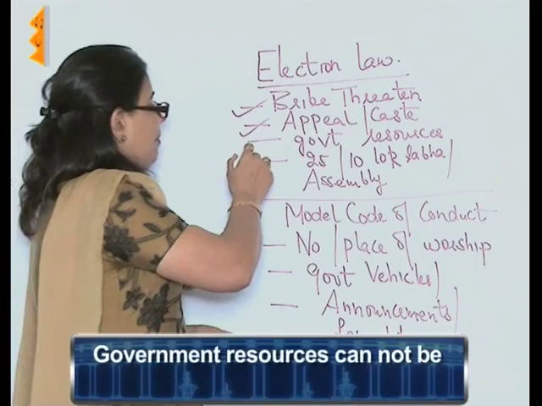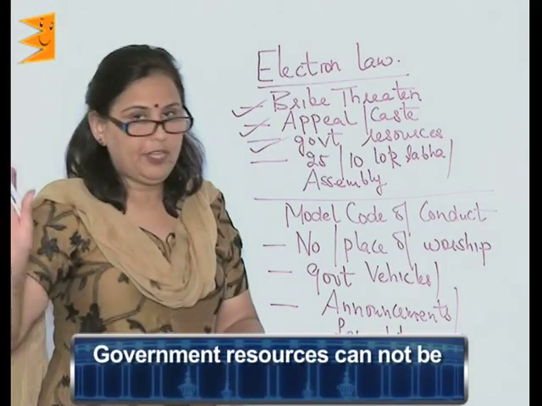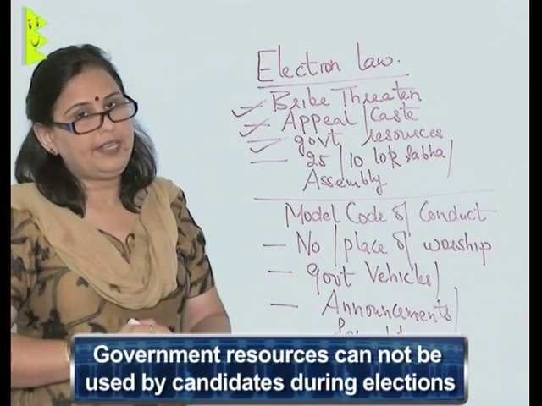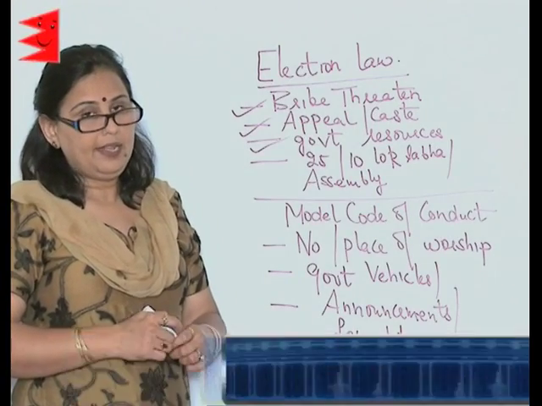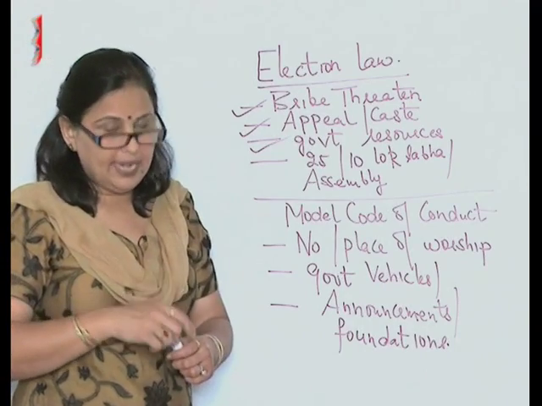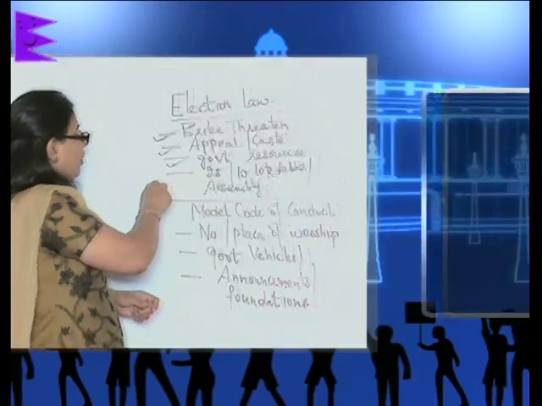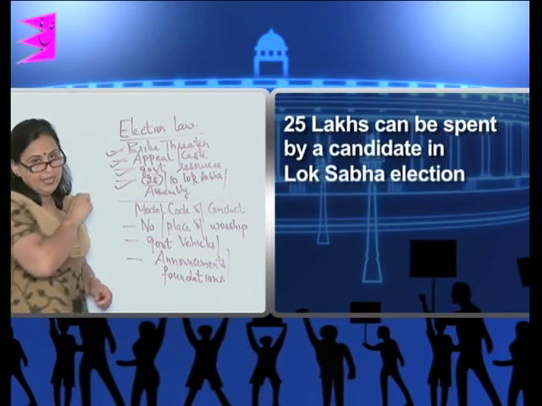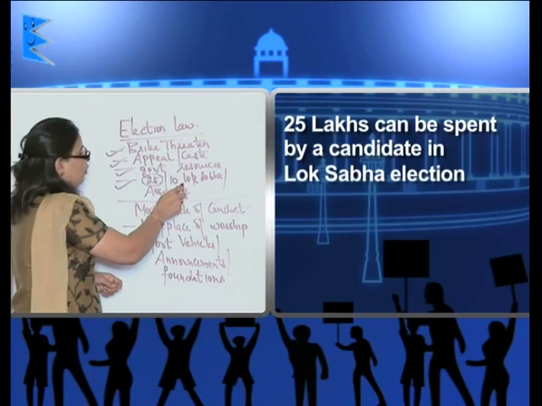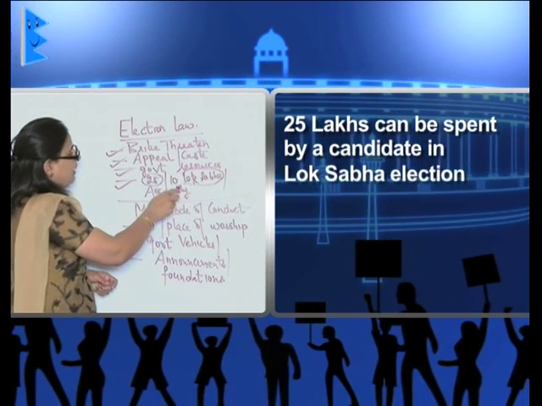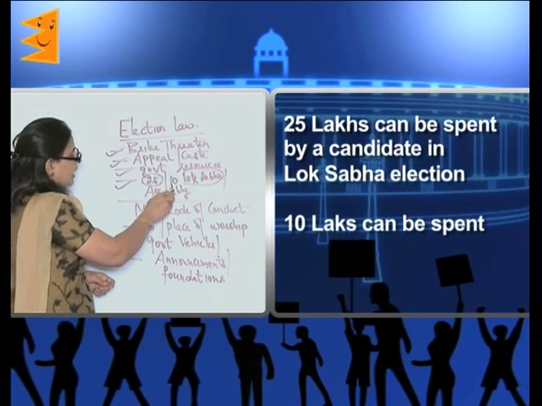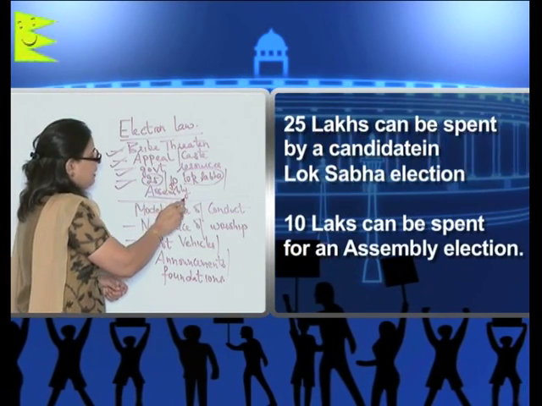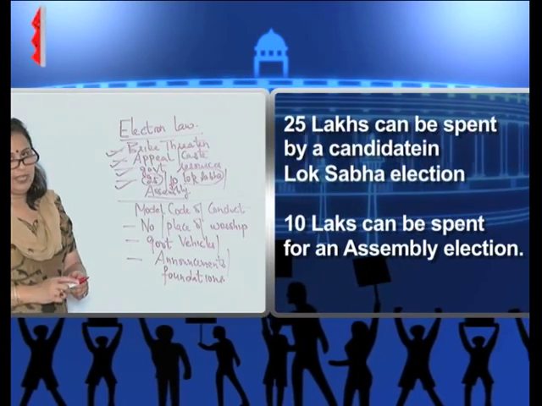Then government resources cannot be used by any candidate during election campaigning, and a limit has been set. For example, 25 lakh rupees can be spent by a candidate in a Lok Sabha election, whereas 10 lakh rupees can be spent by a candidate for an assembly election, not more than that.